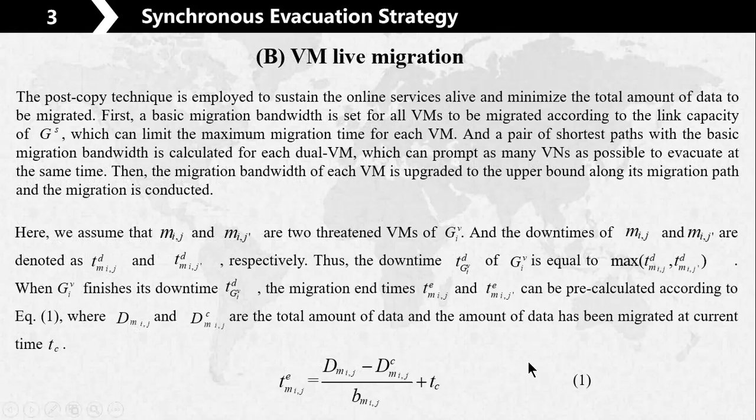Then we calculate the migration ending time of a virtual machine by using equation 1. Here dmij is the data amount to be migrated and bmij is the bandwidth assigned for this migration.